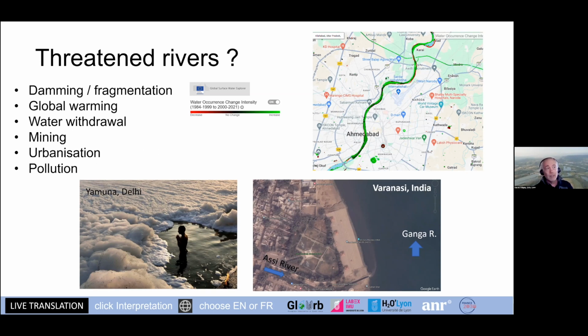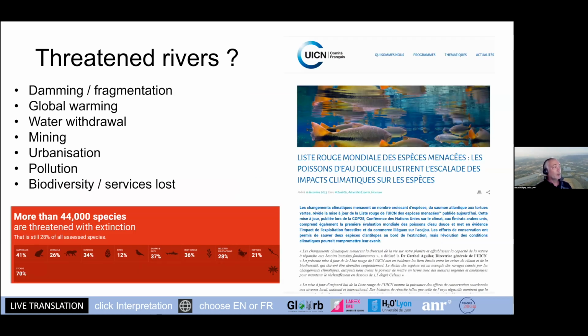There is a great example of the Ahmedabad waterfront, which is in a semi-arid zone with a high water deficit. But when you look at the change, it's still green, with a lot of water, because they've taken water from other parts of India to supply this river, which has a high stress to drink.